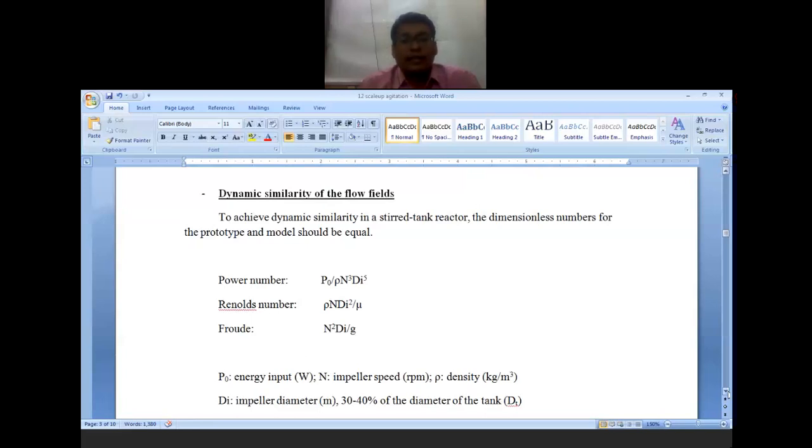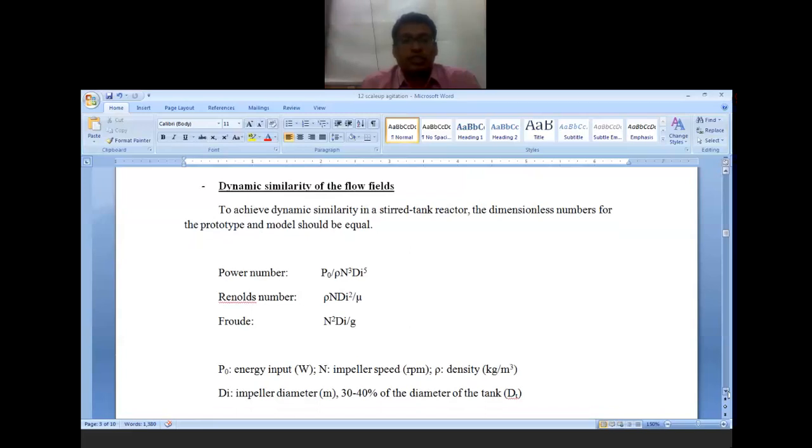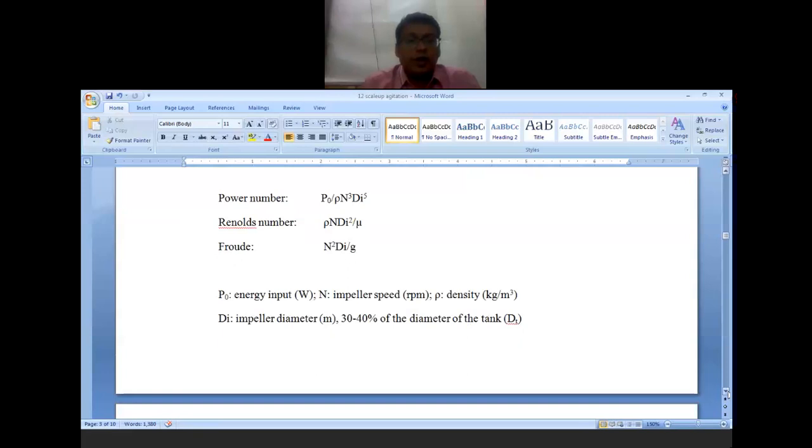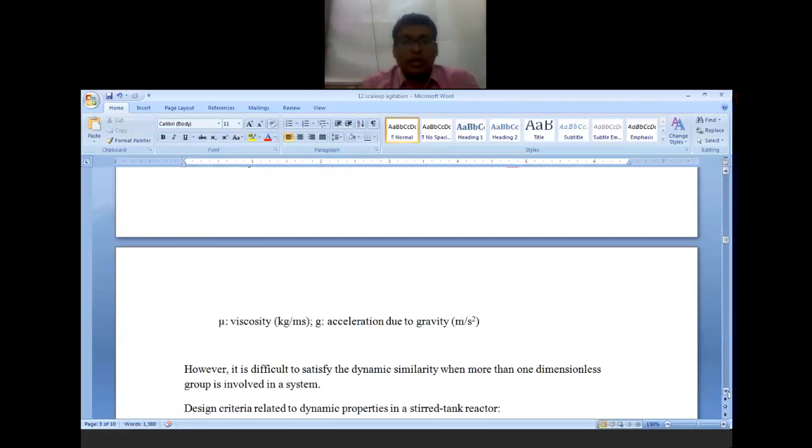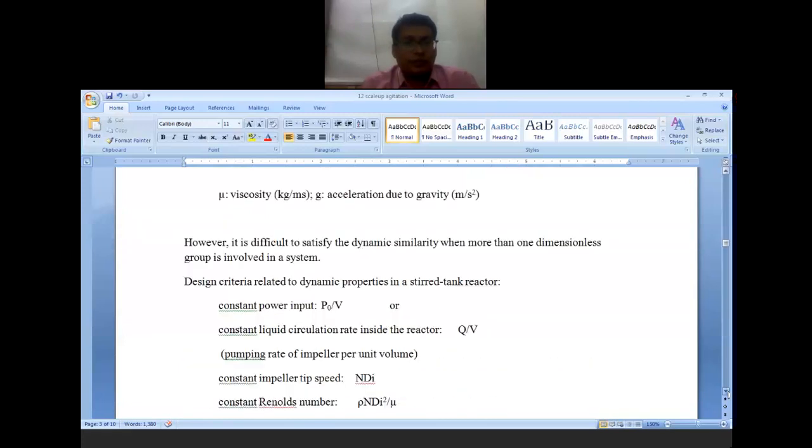Reynolds number rho n di square upon mu, and Froude number Fr, which is equal to n square di upon g, where P is energy input in power, n is impeller speed, that is RPM, rho is density in kgs per meter cube, di is impeller diameter, which is 30 to 40% of the diameter of the tank dt, mu is viscosity, and g is acceleration due to gravity.